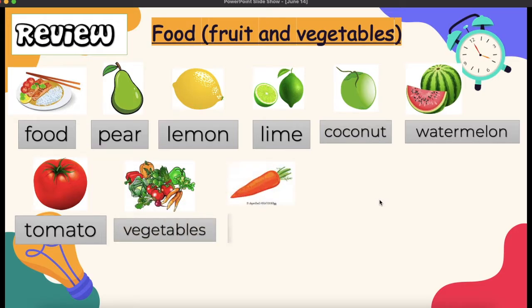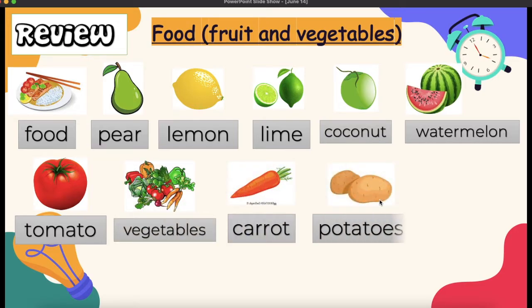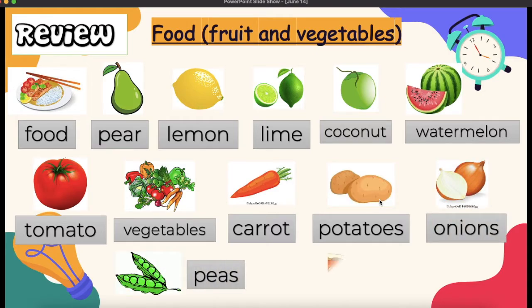Vegetables: carrot, potatoes, onions, peas, and fish. So these are all the vocabularies that are in your book already. Please take a look at it.